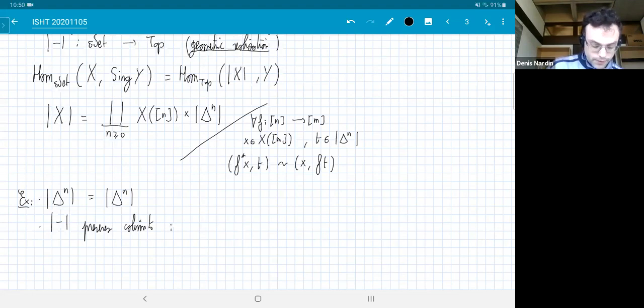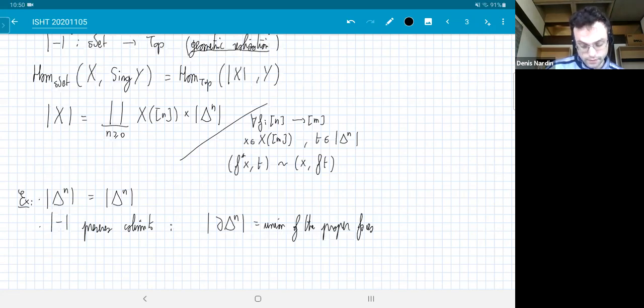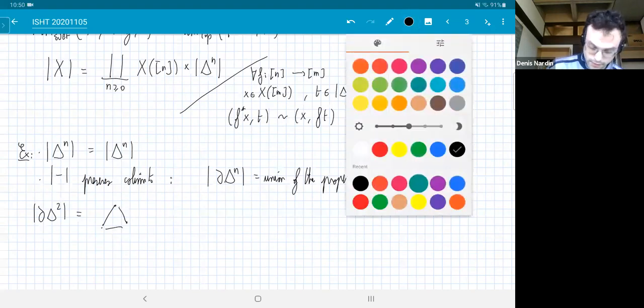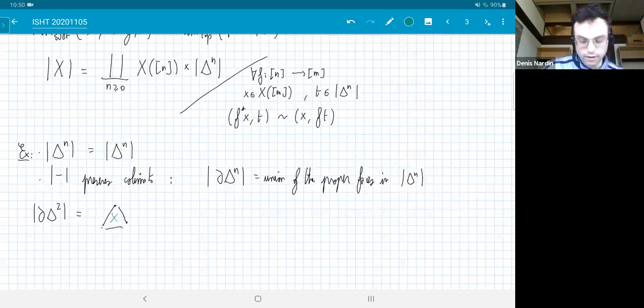So, for example, the geometric realization of the boundary of delta n is exactly the union of the proper faces in delta n. So for example, this is this guy, but without anything inside here.